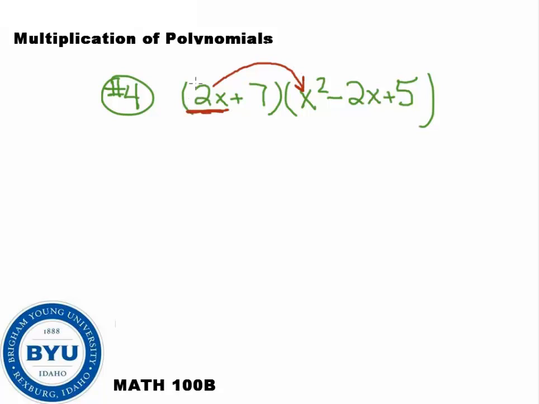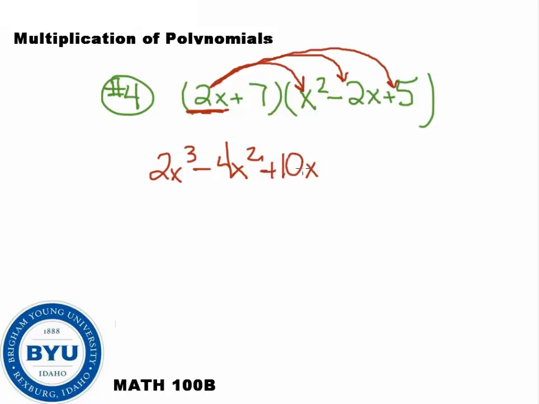So 2x times x squared comes out to be 2x cubed, because this is like a 1 for the power. And remember, when you multiply exponents, you add the powers. Okay. Then I'm going to take this one times this one. 2x times negative 2x is a negative 4x squared. And this one times this one, 2x times 5 is plus 10x.